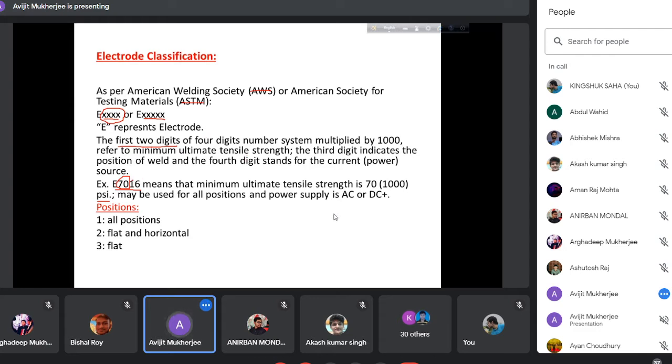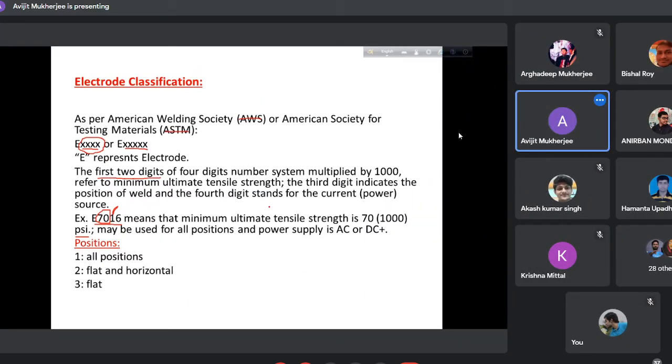The third digit in a 4 digit number stands for the weld position. We have mentioned flat, horizontal, vertical, roof, all these. So 1 indicates this electrode can be used in all positions. 7016, 1 means this particular electrode can be used for all positions.